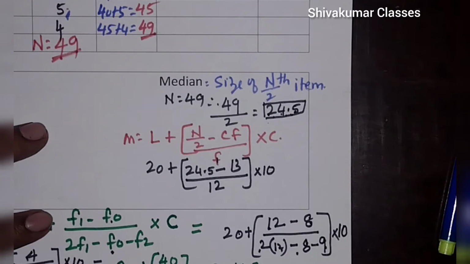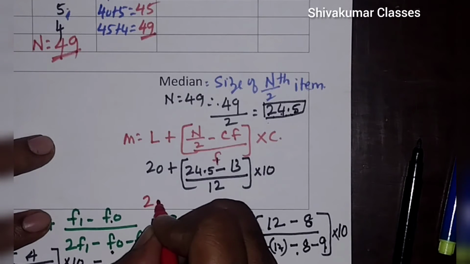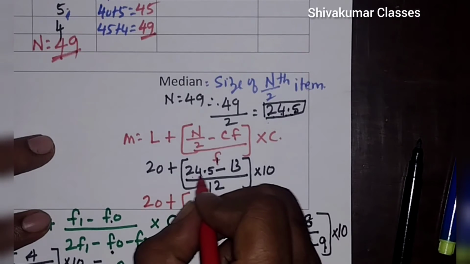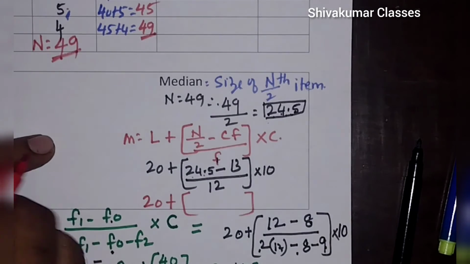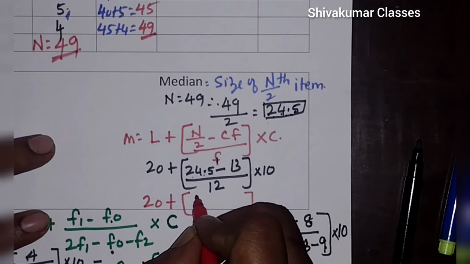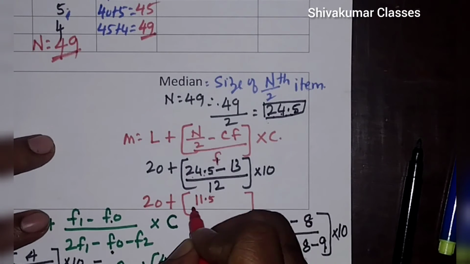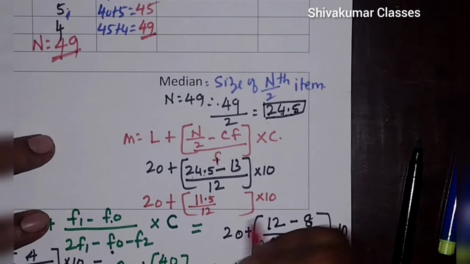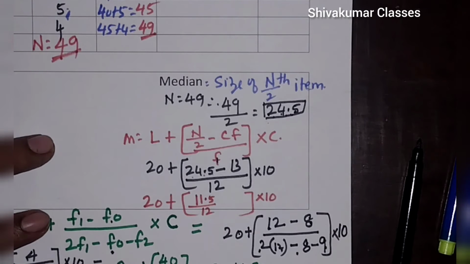So what I need to do next is 20 plus (24.5 minus 13), which gives 11.5, divided by 12 multiplied by 10.